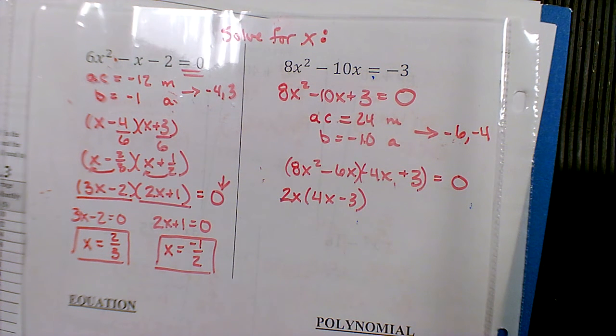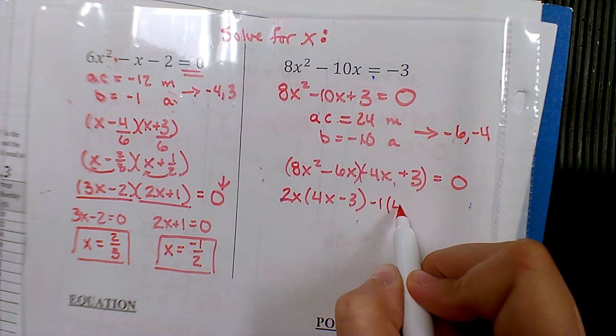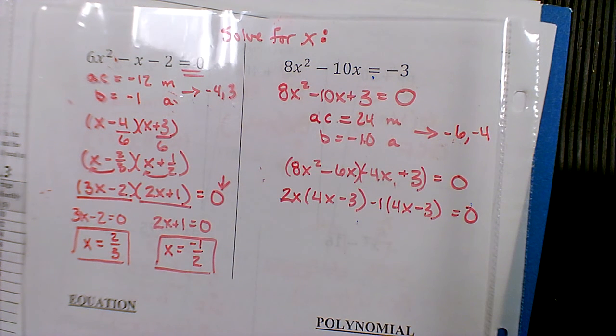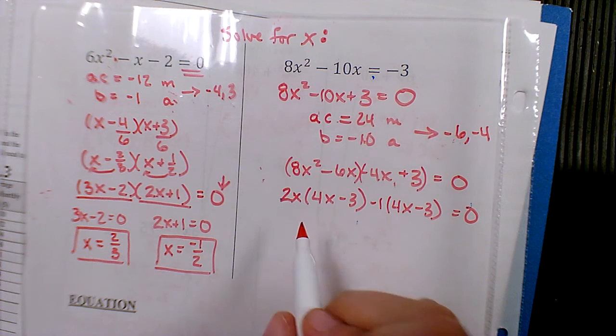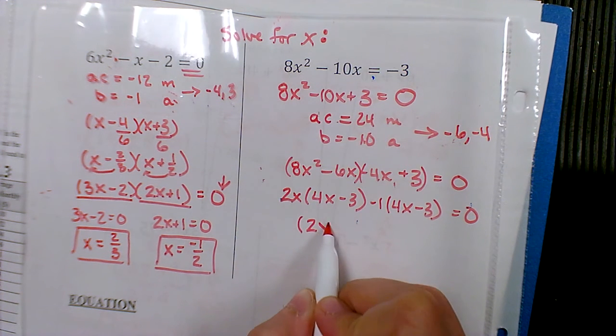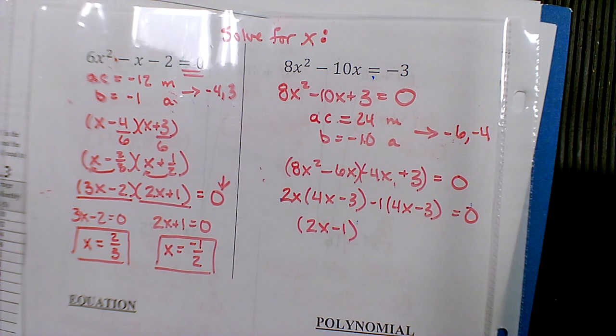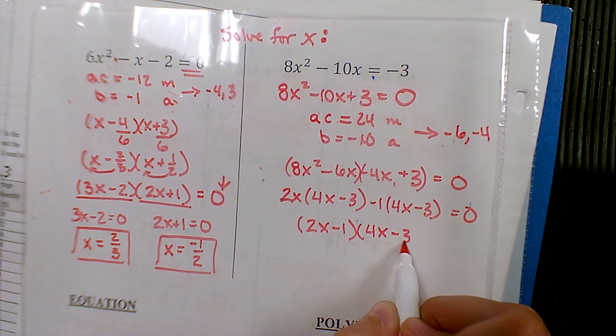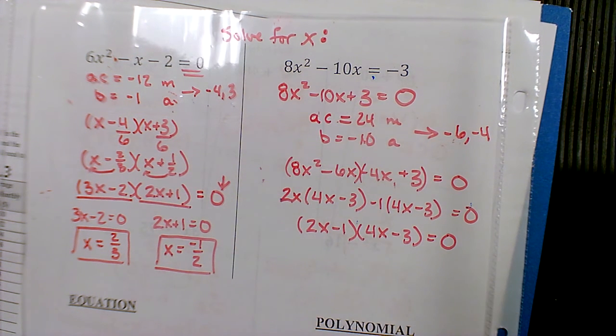What do you think, Sarah? A -1. We have to switch those signs, so removing a -1 would do that. Okay. So our factors, we have the GCF numbers, the 2x and the -1, and then the matching factor group, 4x minus 3.